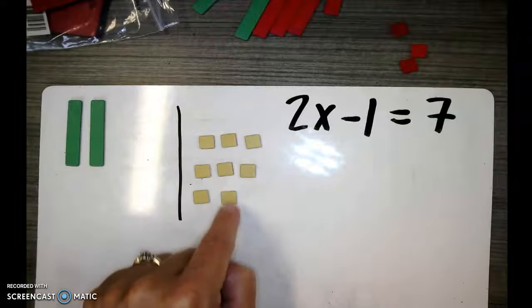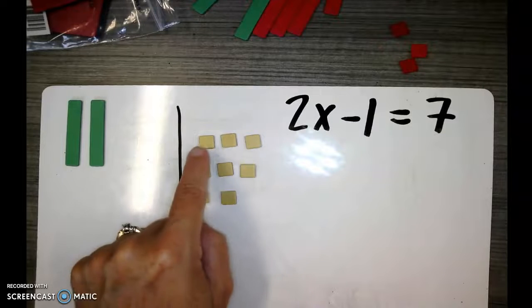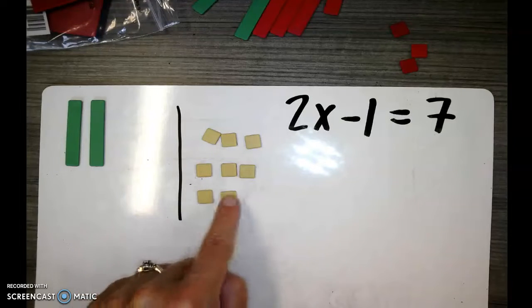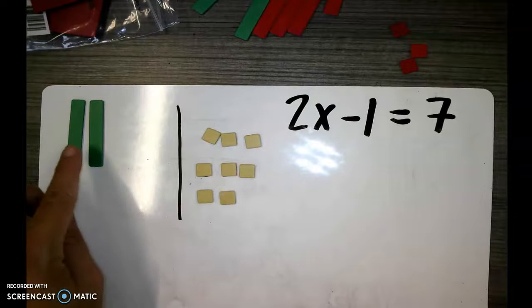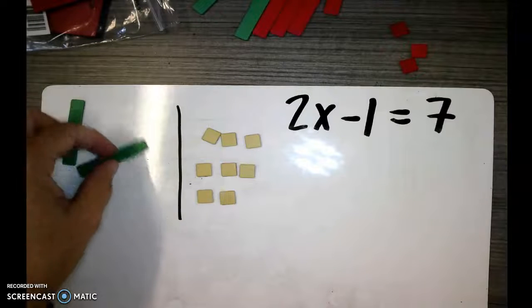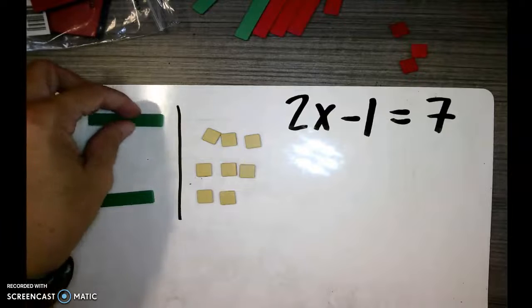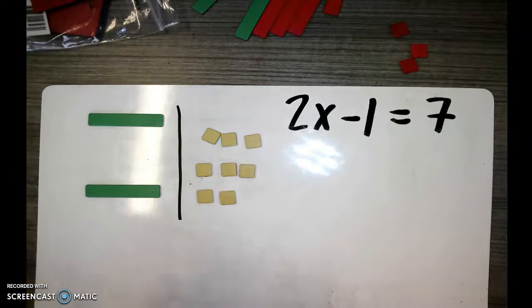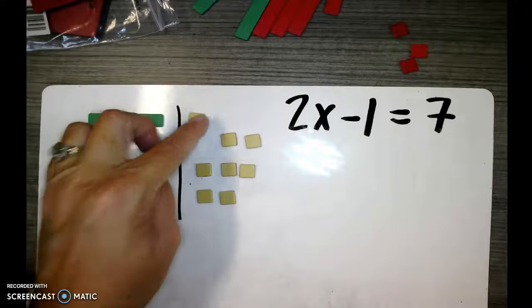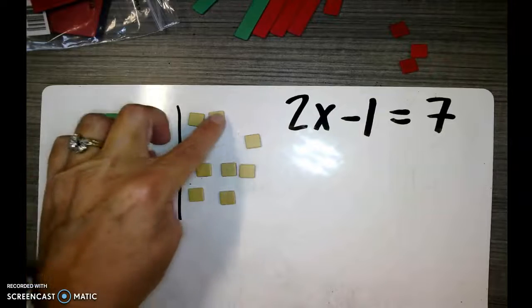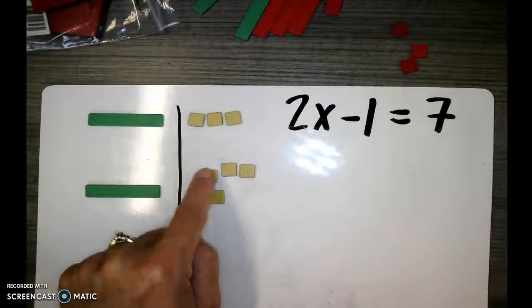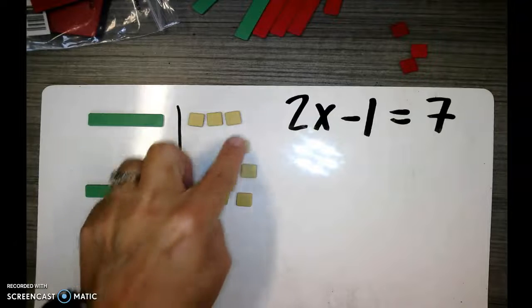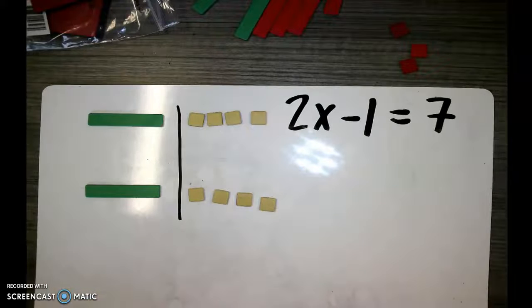And I don't have any 0 pairs here. So I have 1, 2, 3, 4, 5, 6, 7, 8 units on the right side. Now I have the 2 x's left, so I need to divide up those 8 unit tiles into the 2 x tiles. So now I can have 1 here, 1 there, 1 can go here, 1 can go there, this one can go here, that one can go to the bottom one, this one can go to the top, this one can go to the bottom.